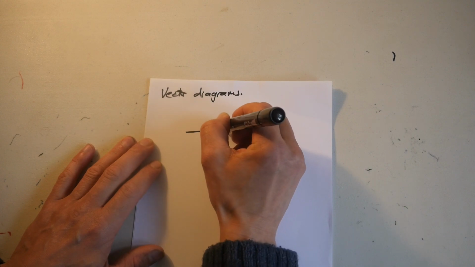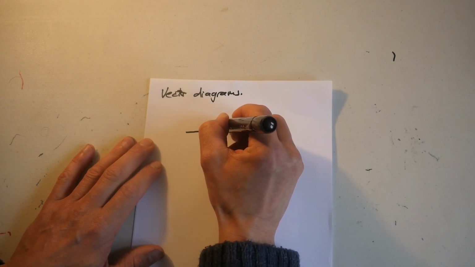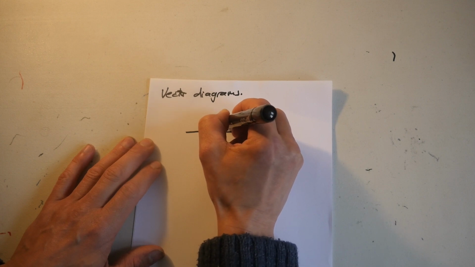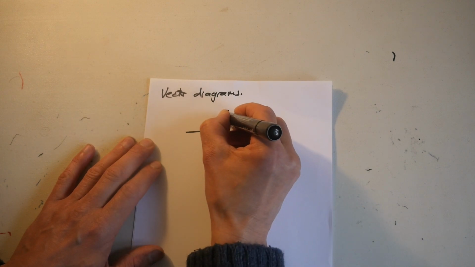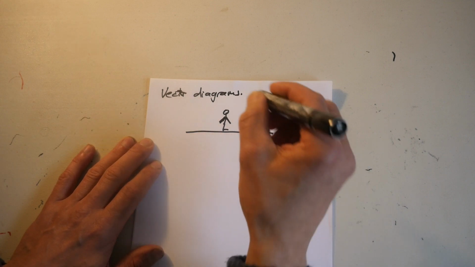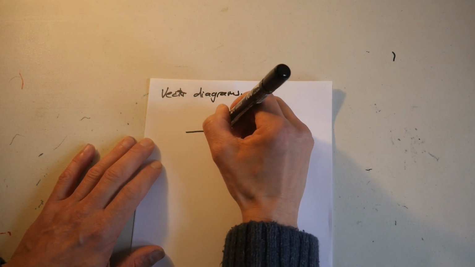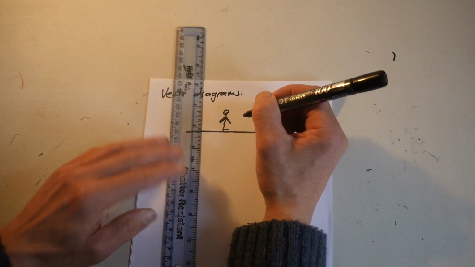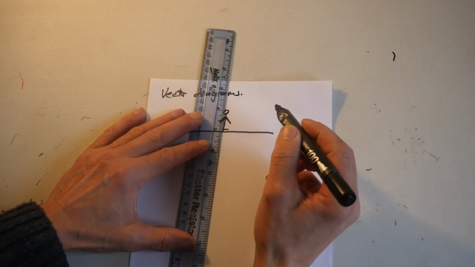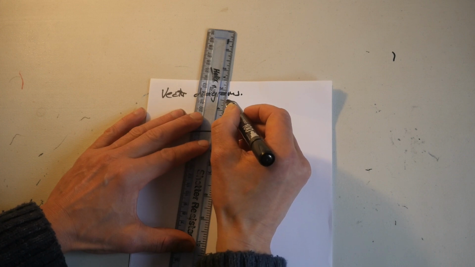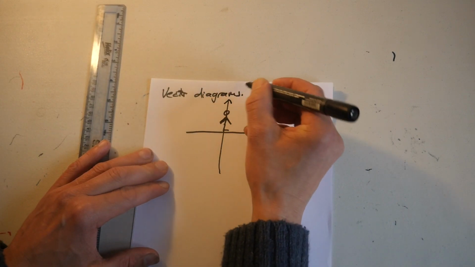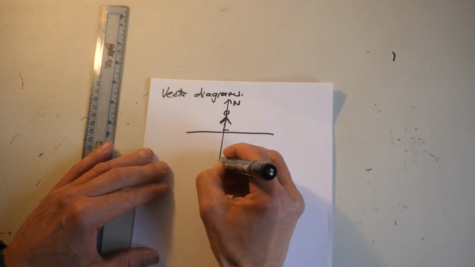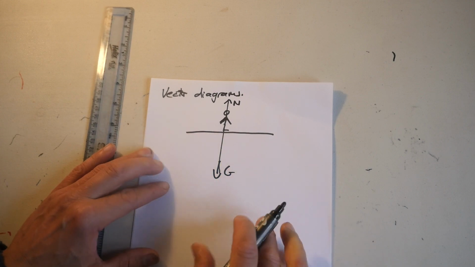If you have a person standing here, say, and if you have a normal, so that's a normal, that's gravity.